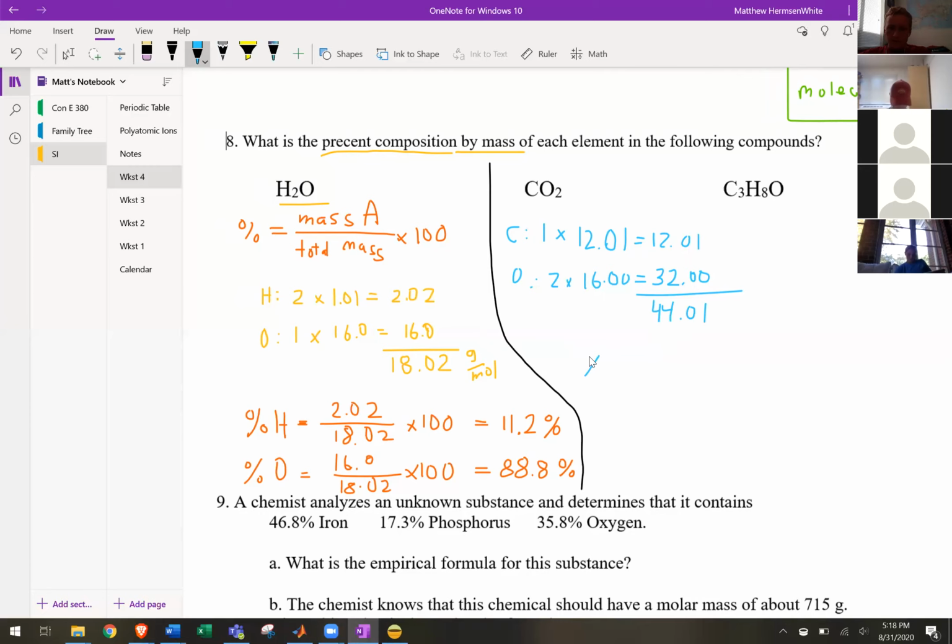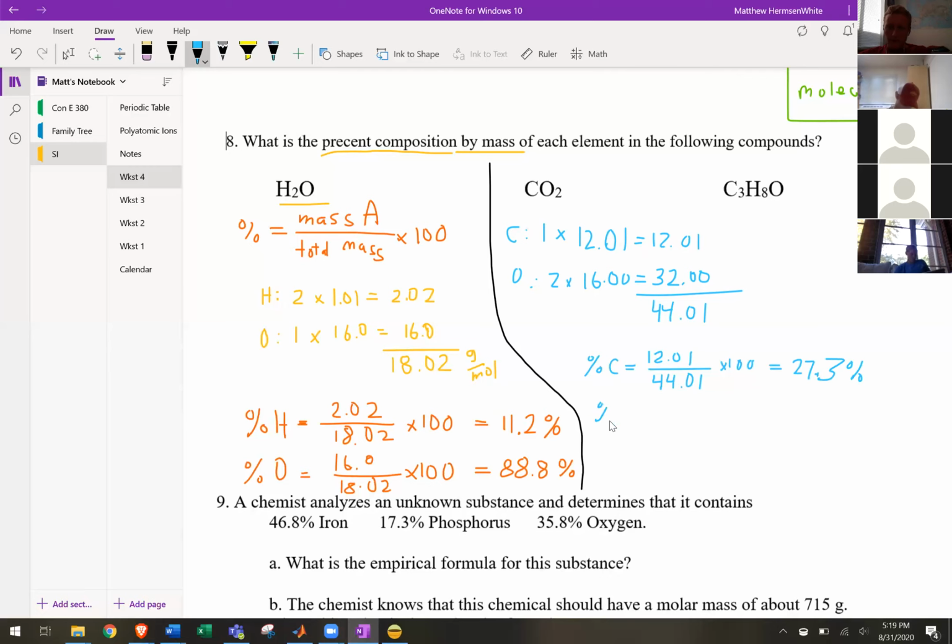So then if we want to do the percent of each one, percent carbon is going to be 12.01 divided by 44.01 times 100. And that comes out to be, looks like, 27.3%.